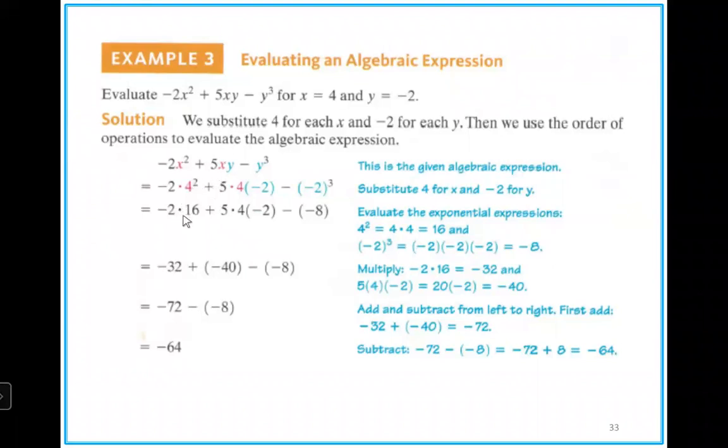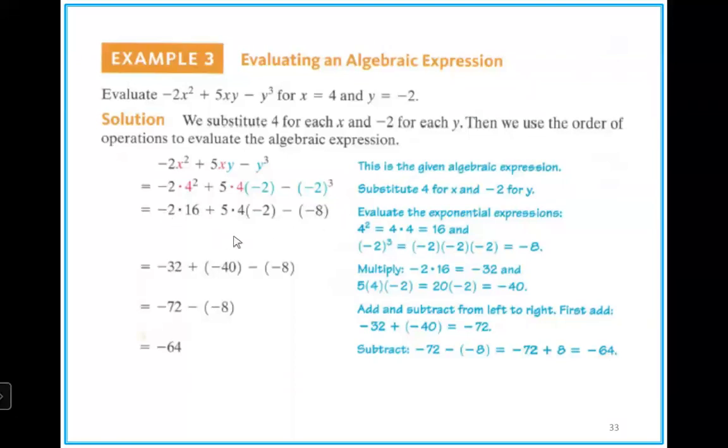So this one we go to 16, then you put the 5 times 4, open brackets, -2, minus 8. Now this is a power also, to the third power. We work that out: -2 times -2 times -2 gives you -8.